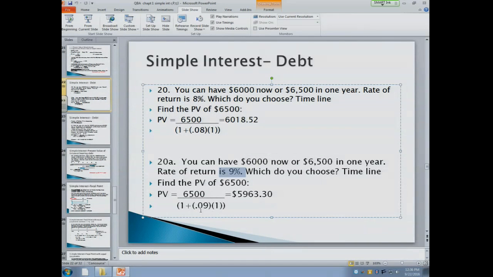When you do this equation, your $6,500 in today's dollars is only worth $5,963.30. So it behooves you to take the $6,000 today and not wait for the $6,500, because you can invest that $6,000 at 9% and get more money.